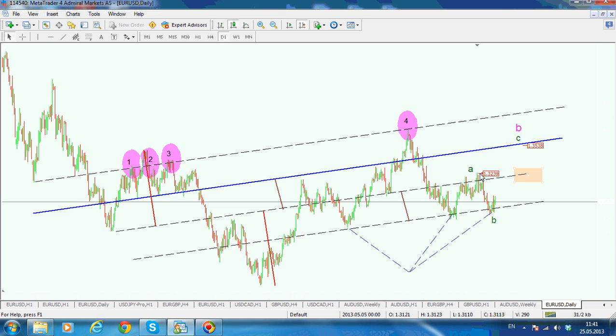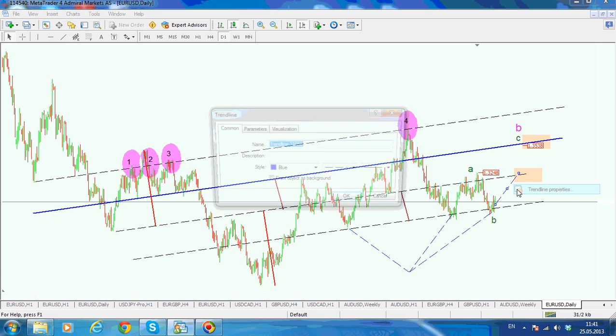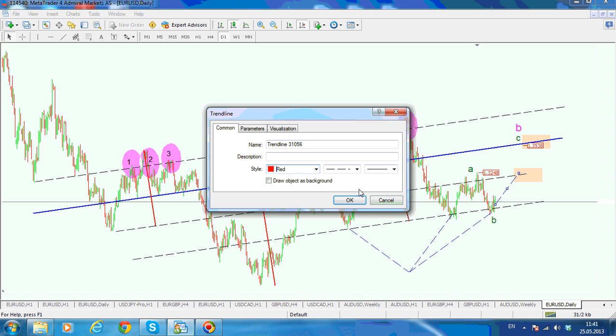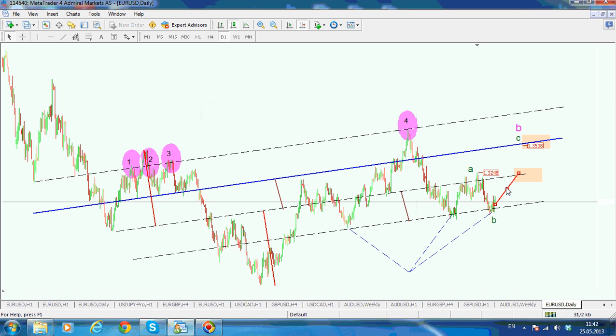So before this 132 area is going to be the first target, and then the second target, I would say again here. So look for something like this. Then I don't know, maybe consolidating a bit here, and then making another leg higher here. That should be the target for the week.